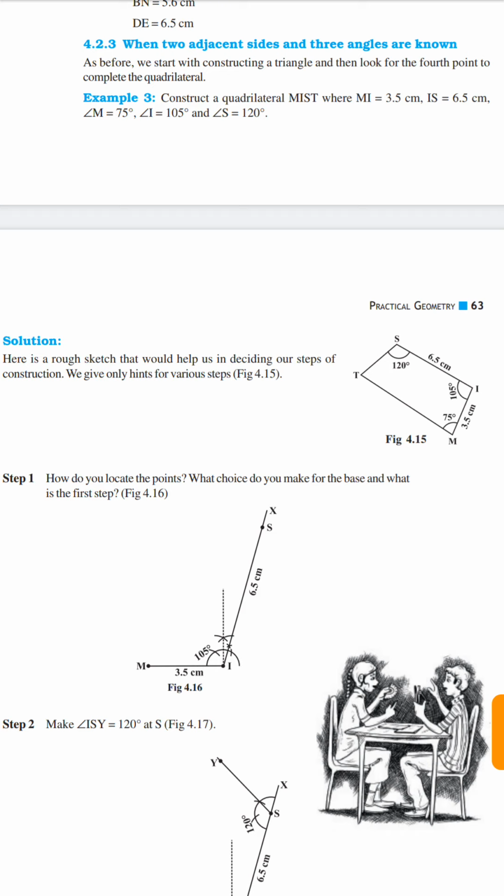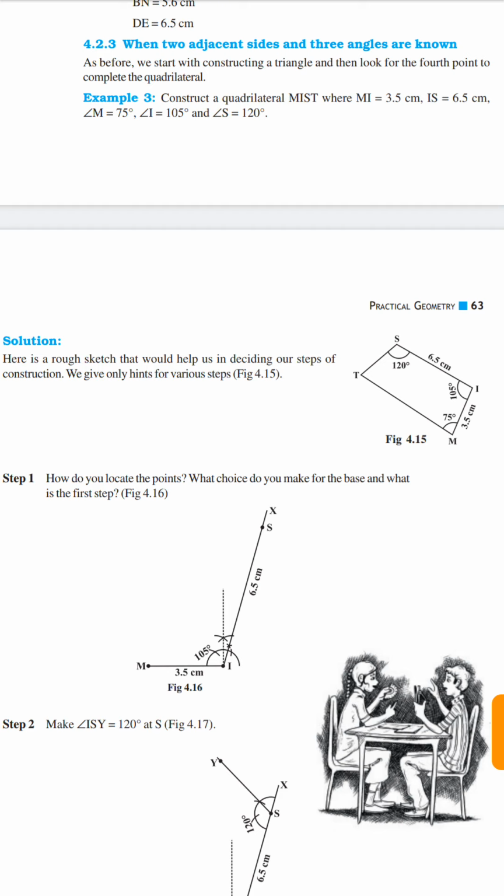First we draw a rough sketch. We draw such a line whose end point angles are given. MI is a line segment whose length is 3.5 cm, angle M is 75 degrees and angle I is 105 degrees.